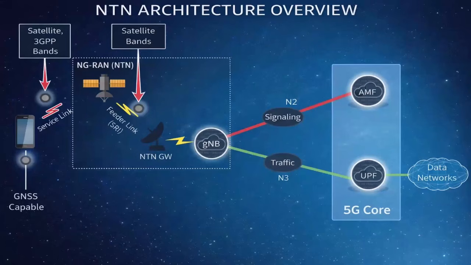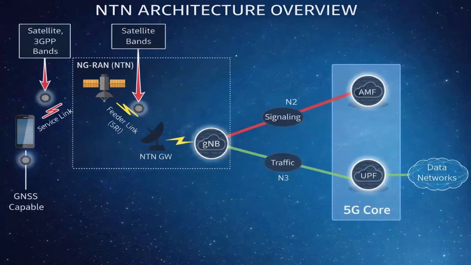Then you have this NTN architecture overview. Here you can see a high level view of how NTN integrates with the 5G architecture. It shows how devices connect through satellites into the NG-RAN, then into the 5G core network. So let's start from the user side.